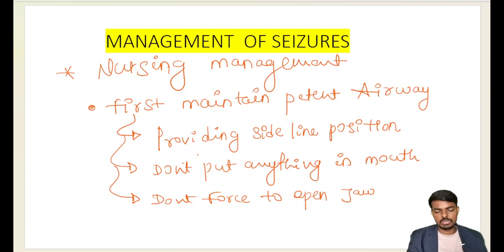In the next session, we will study the management of the seizure, including all nursing management: what we will do, how we will maintain the airway, and what the nursing responsibilities are, which are very important.